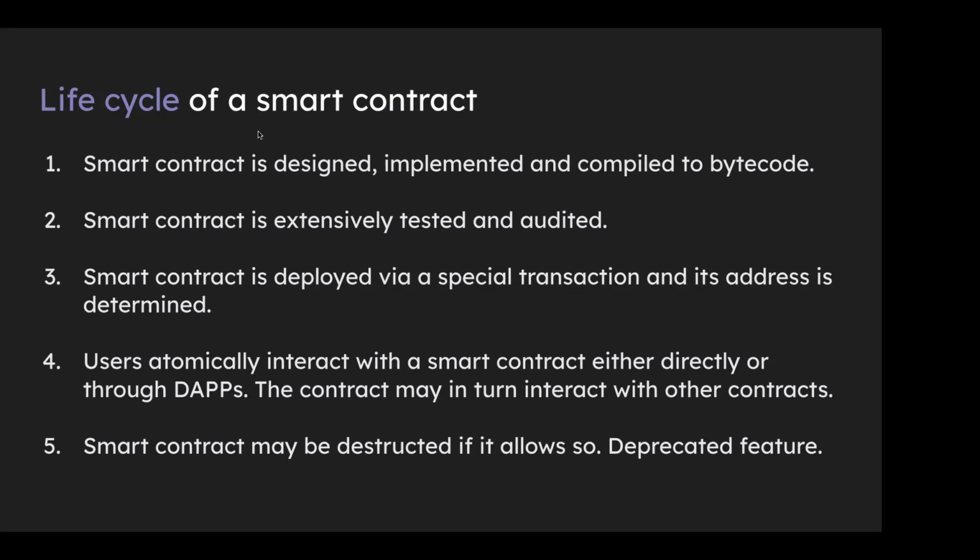First of all, you have to think a lot about the idea of the application. Then you have to think about the architecture of the application, etc. Smart contracts are usually implemented in a high-level language, for example, Solidity, and then this high-level language is compiled to the bytecode.